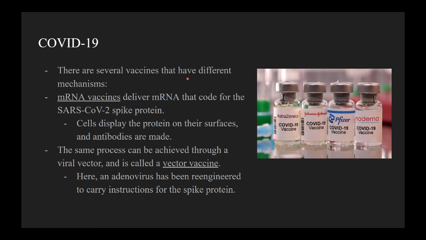Then we can talk about how the specific vaccines work, because there are 3 different general mechanisms. The first is an mRNA vaccine. You've probably heard of this. It delivers mRNA that codes for the spike protein of the virus.